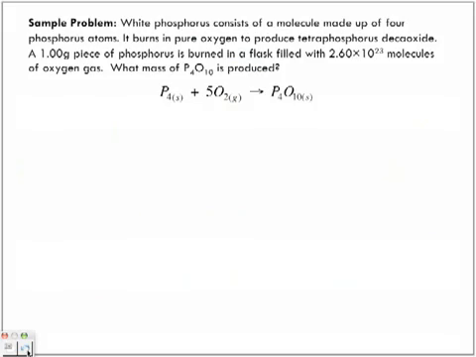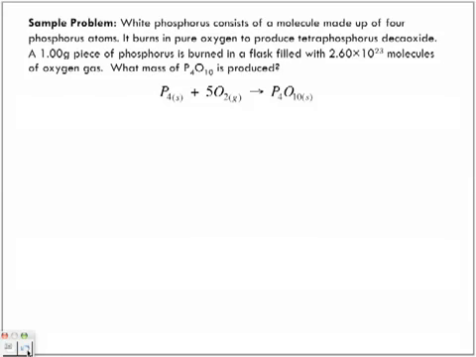Sample problem. White phosphorus consists of a molecule made up of 4 phosphorus atoms. It burns in pure oxygen to produce tetraphosphorus decoxide. A 1.00 gram piece of phosphorus is burned in a flask filled with 2.60 times 10 to the power of 23 molecules of oxygen gas. What mass of the tetraphosphorus decoxide is produced?